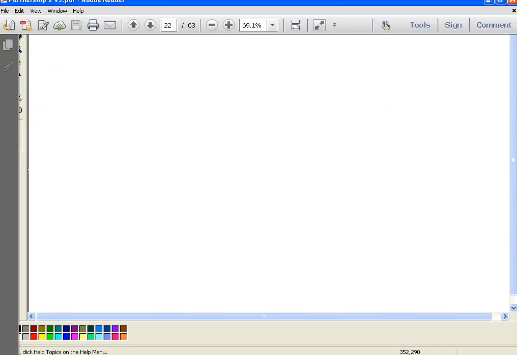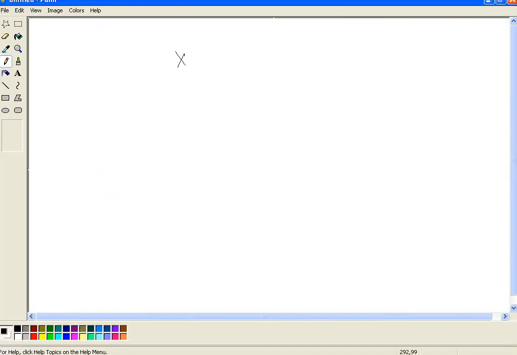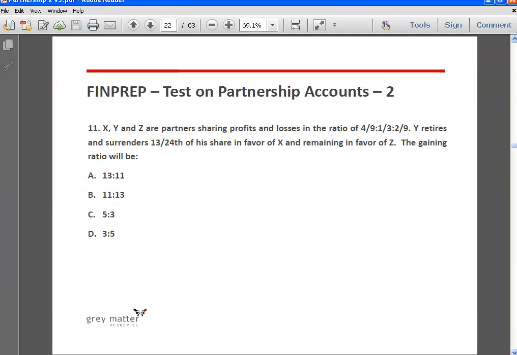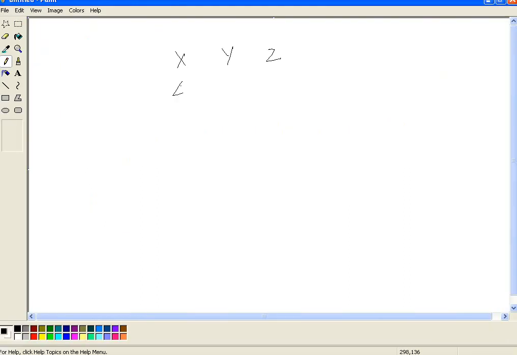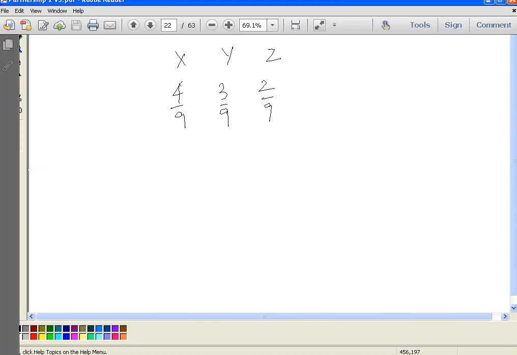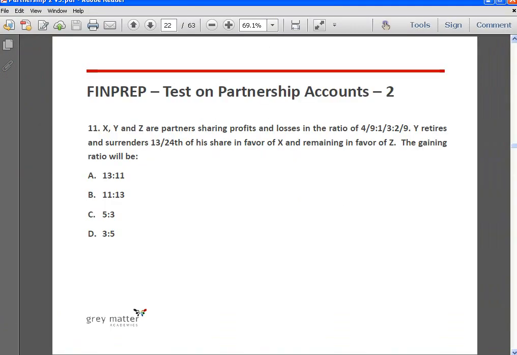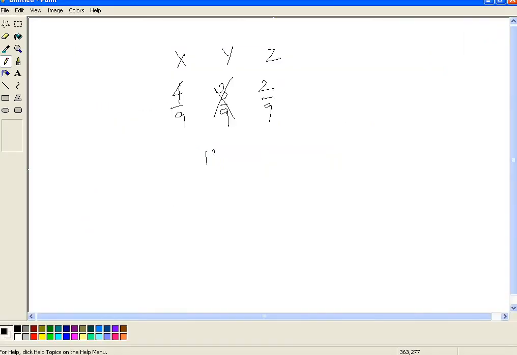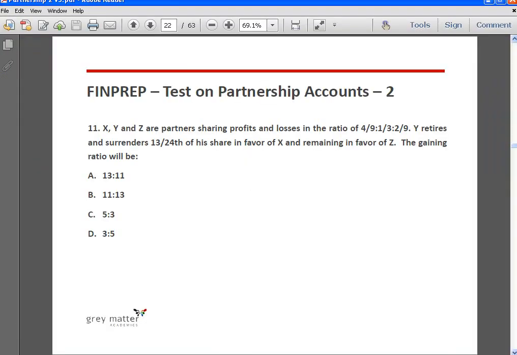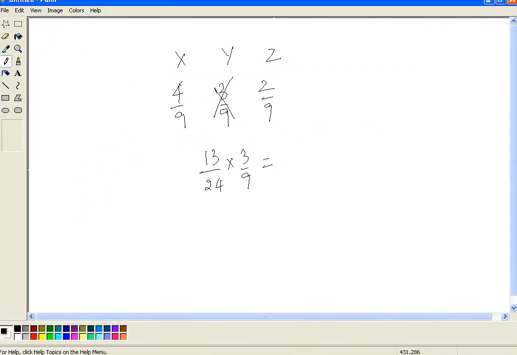Right. So here you have X, Y and Z who are sharing in the ratio of 4 by 9, 3 by 9 and 2 by 9. Right. Y retires and then he surrenders 13 by 24th of his share. So 13 by 24 of 3 by 9 goes to X. Right.